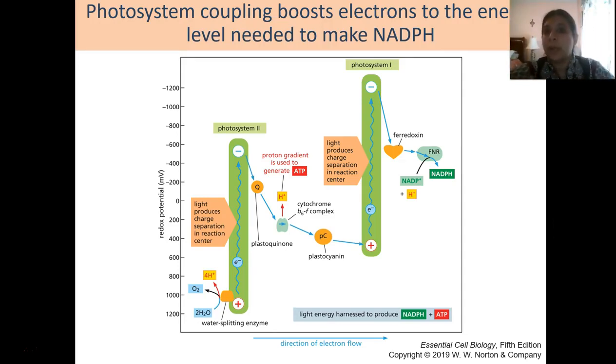It allows more energy to be taken from the electrons by exciting them enough so that they can be used to make NADPH. Without the light energy getting added into it, you wouldn't have enough excitation power within these electrons to create NADPH.